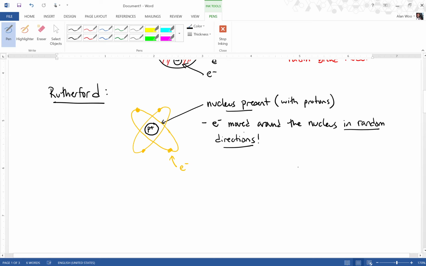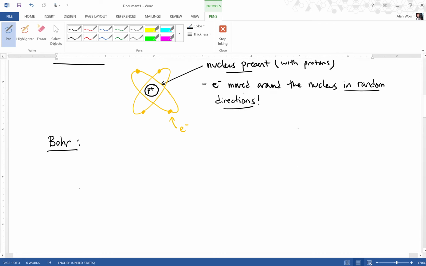So from Rutherford, the next model that we come to is the Bohr model. Now this is the one that you guys know of quite well, because we still use it, even though it's inaccurate. So here's how you classically thought of the Bohr model.